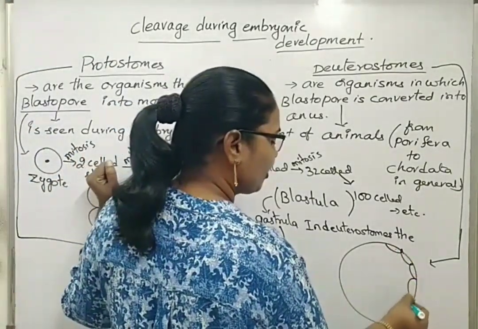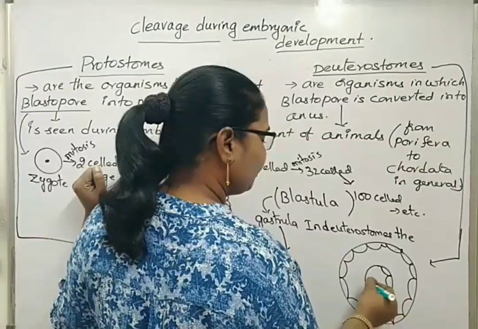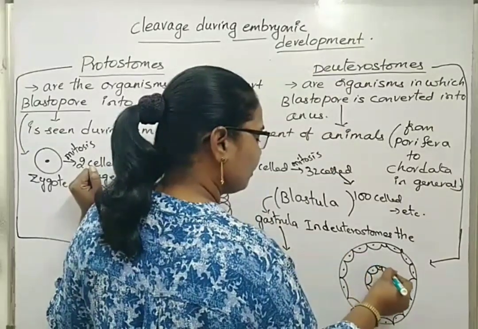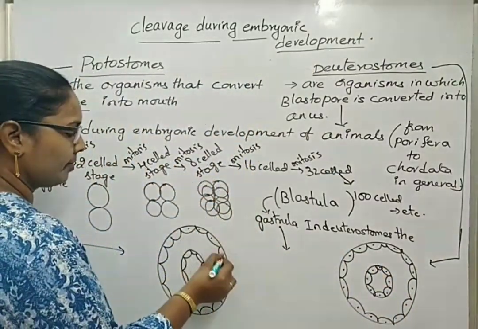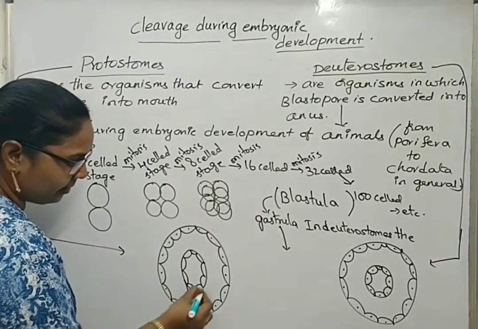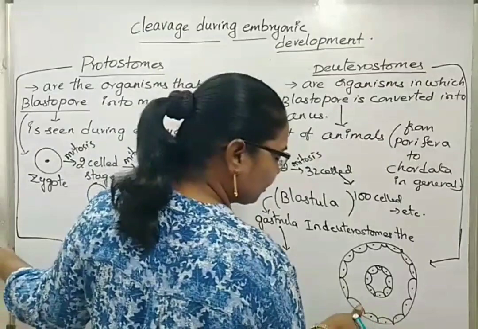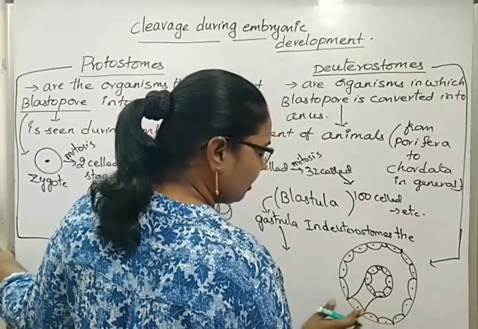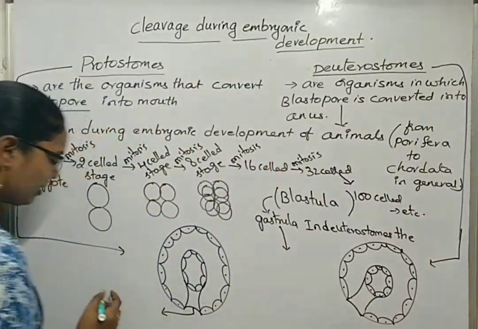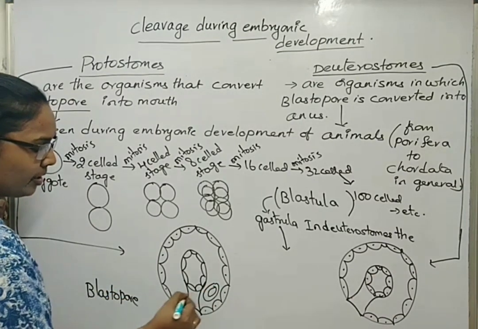In case of deuterostomes also, ectoderm and here will be the endoderm. There will be entry. So one of the structure, that is blastopore. Here, if this is the entry, this structure is called as blastopore. So here will be mesodermal tissue.